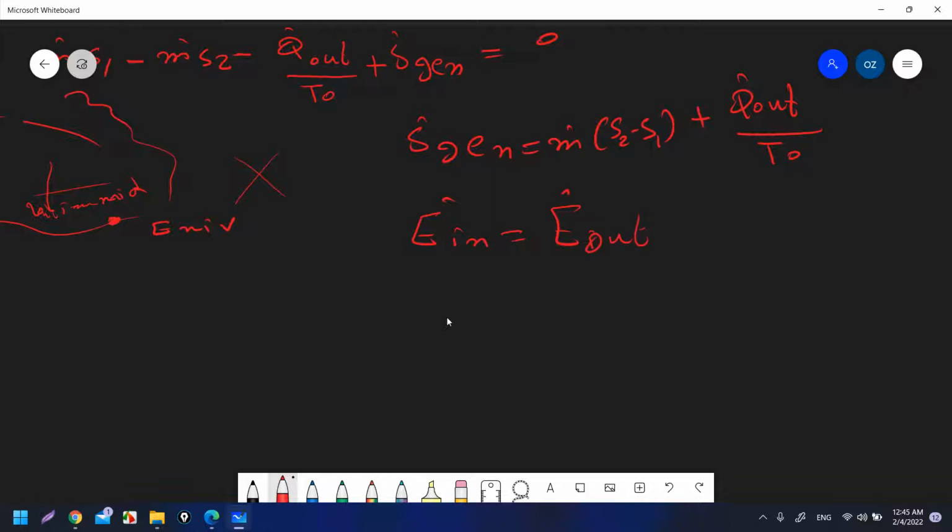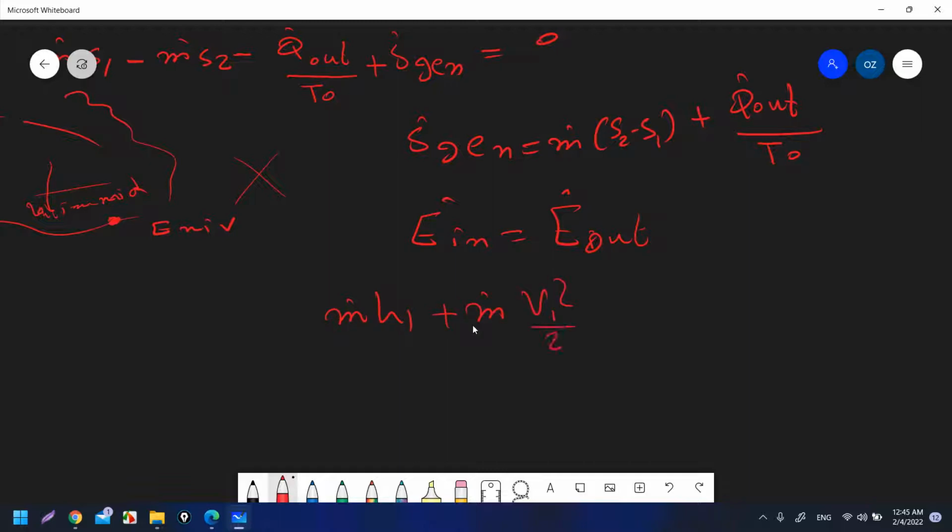Directly, in equals out, it is a steady device, not changing with time, and it is in rate form, E dot. I have m dot h1 at the inlet: internal energy and flow energy, represented in h1, the enthalpy. I have kinetic energy, m dot V1 squared over 2.